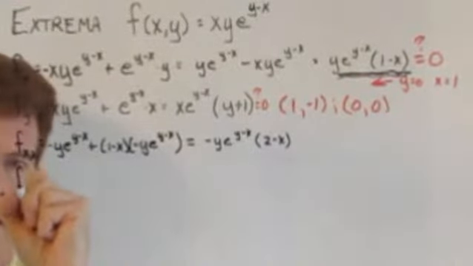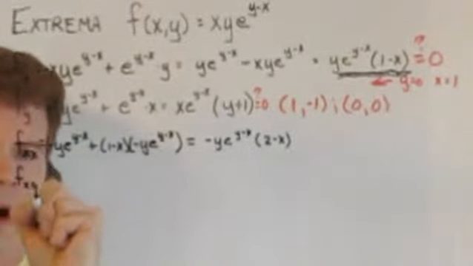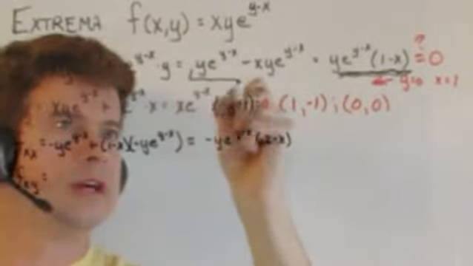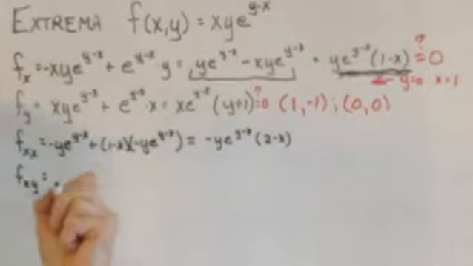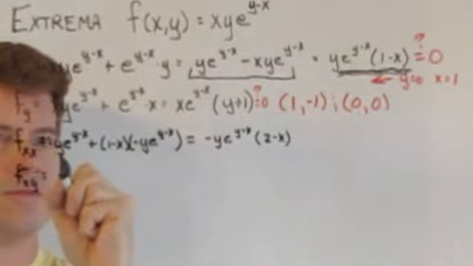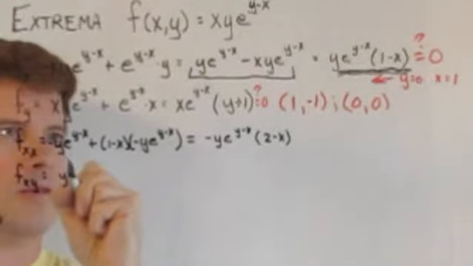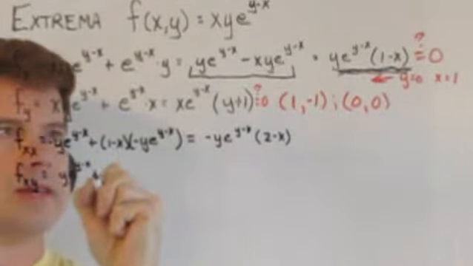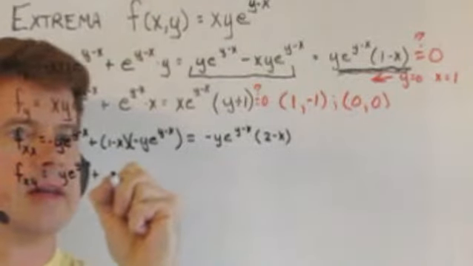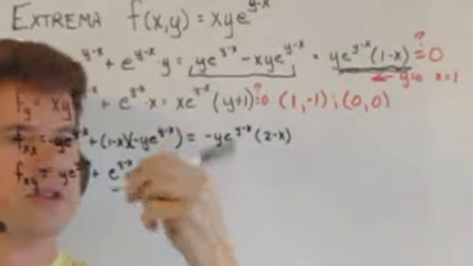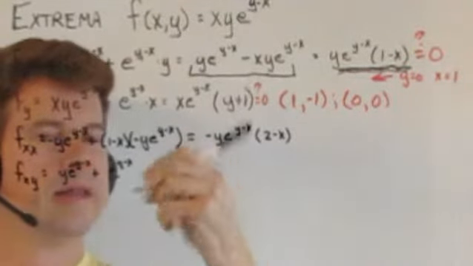Now, f xy. Let's use this equation here. It's going to be in several parts. So for that, we take the first times the derivative of the second plus the second times the derivative of the first, which is just y, so that's going to be 1.